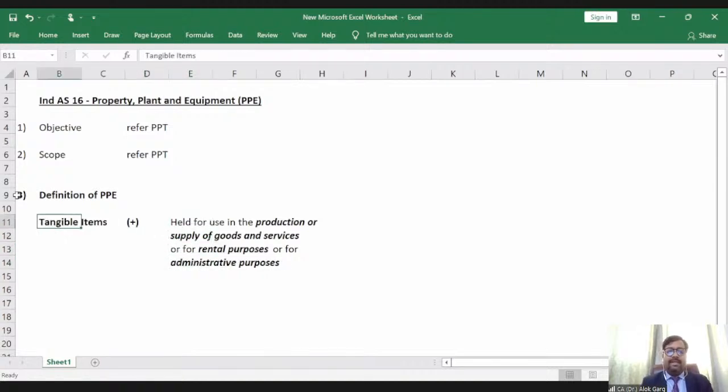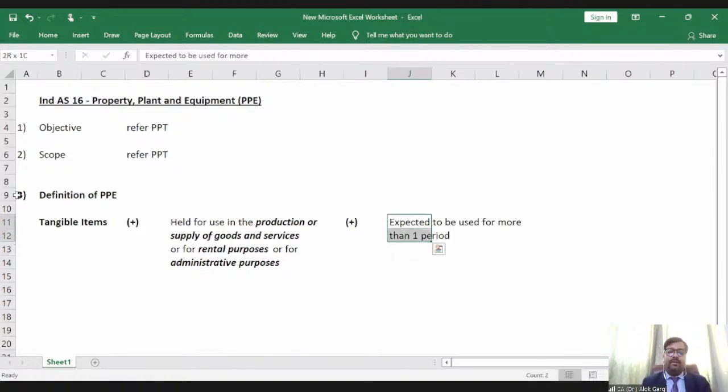If the tangible items are used for production or supply of goods and services, or for rental purposes, or for administrative purposes, and what? And expected to be used for more than one period.